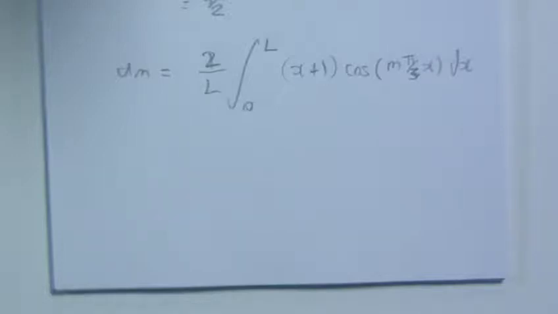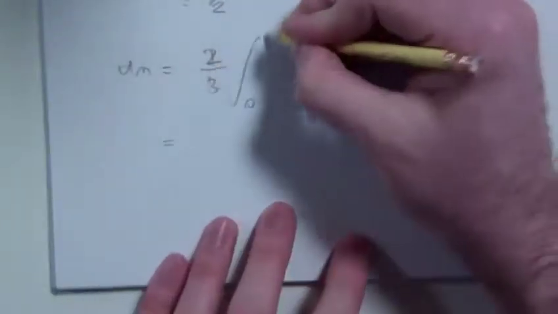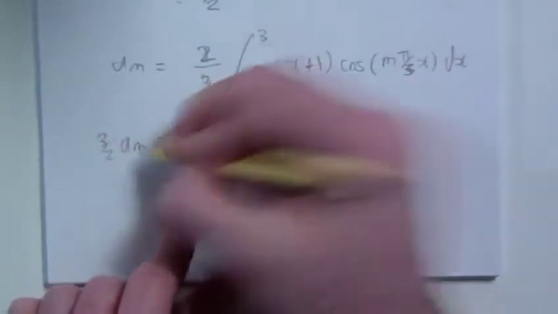And I already did this integral last time. So I'm just going to cheat. And what was my L? It was 3, wasn't it? Alright, I'm going to move this out of the way so that I can deal with it later.